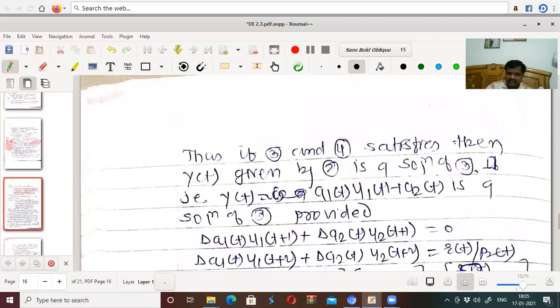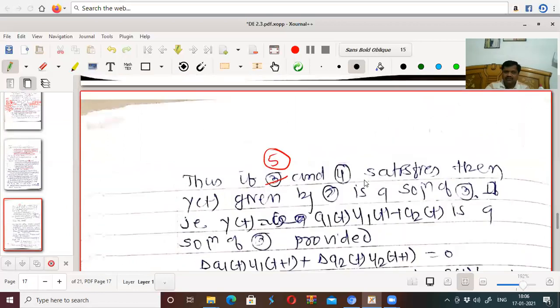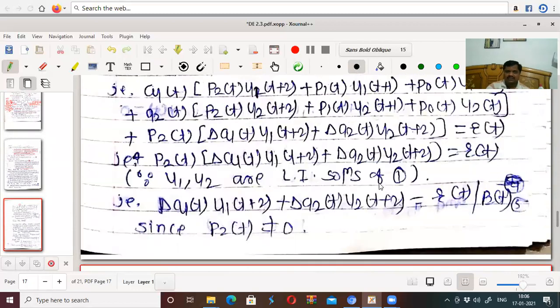Thus, if 5 and 4 are satisfied, then yt given by 2 is the solution of equation 3. What are 4 and 5?